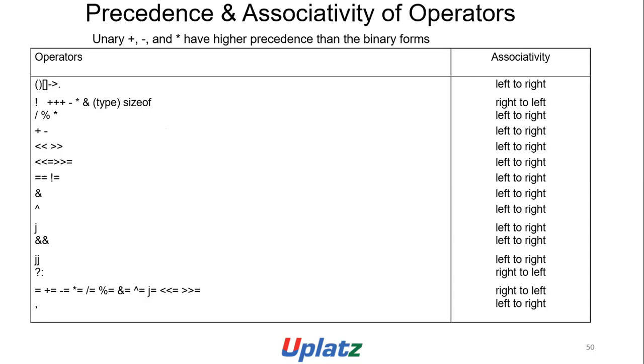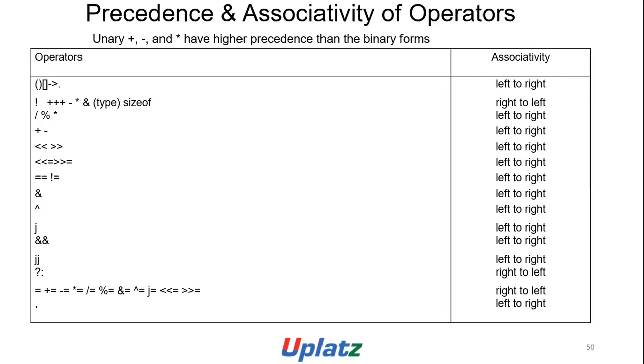Precedence and associativity of operators. Unary plus, minus and star take precedence over their binary forms. Parentheses, square brackets, and the dot and arrow operators: left to right. Exclamation, plus plus, minus minus, star, and type casting, sizeof: right to left. Slash, percentage, star: left to right. Plus, minus: left to right. Greater than, less than, and their equal-to forms: left to right.